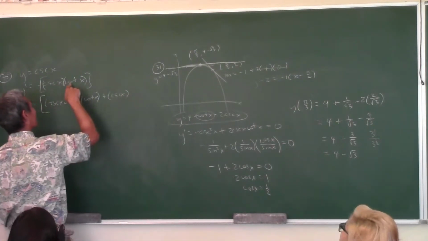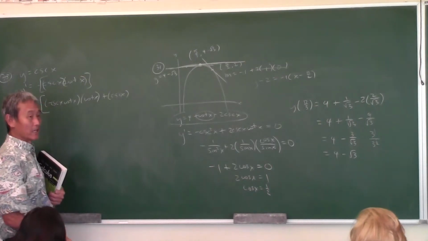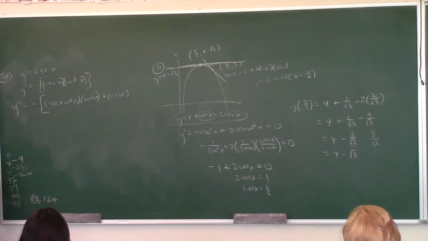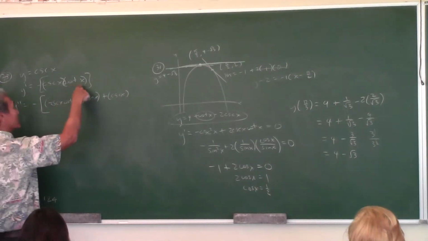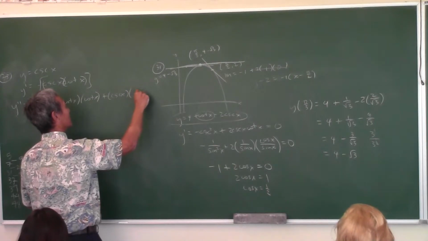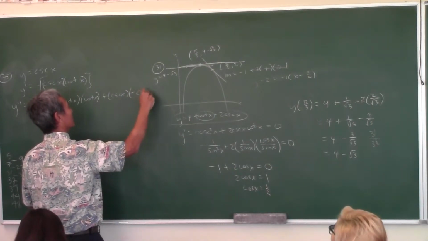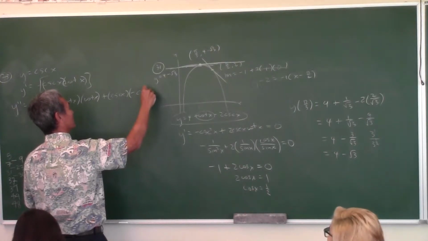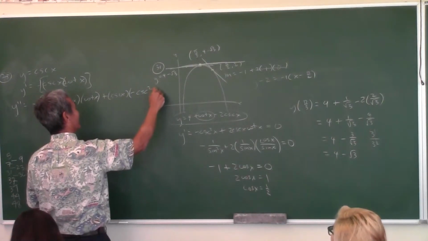The derivative of the second, which is this side. Derivative of cotangent. Negative cosecant squared x.